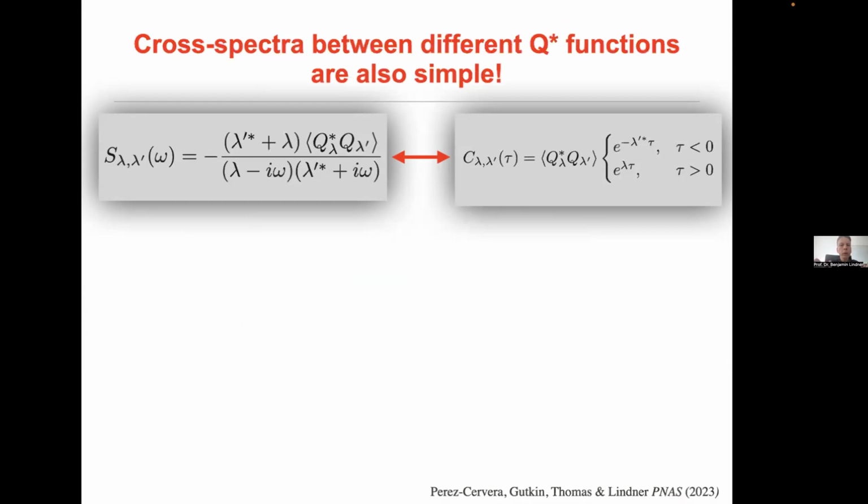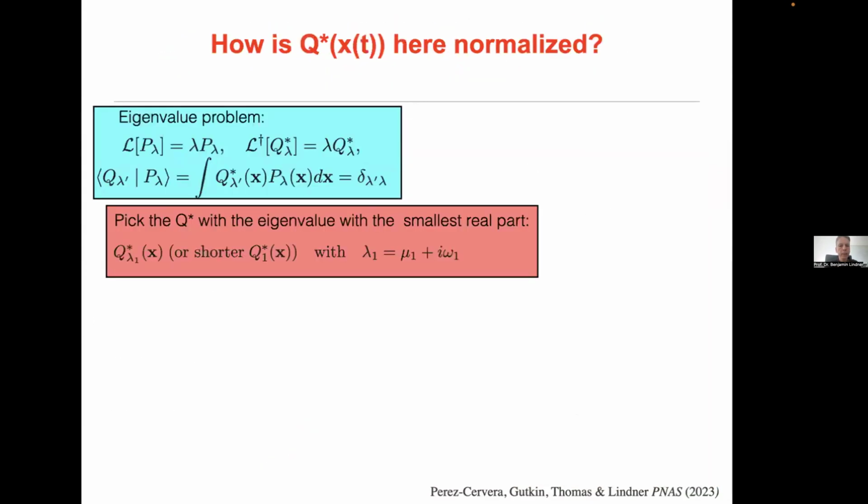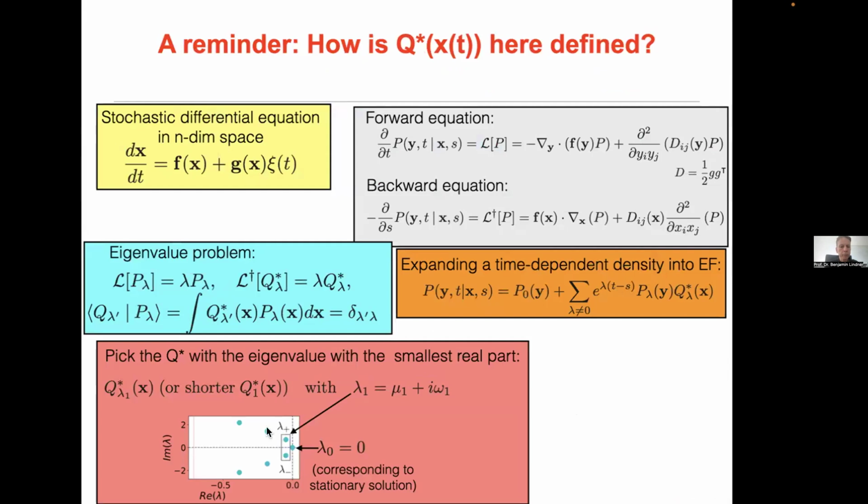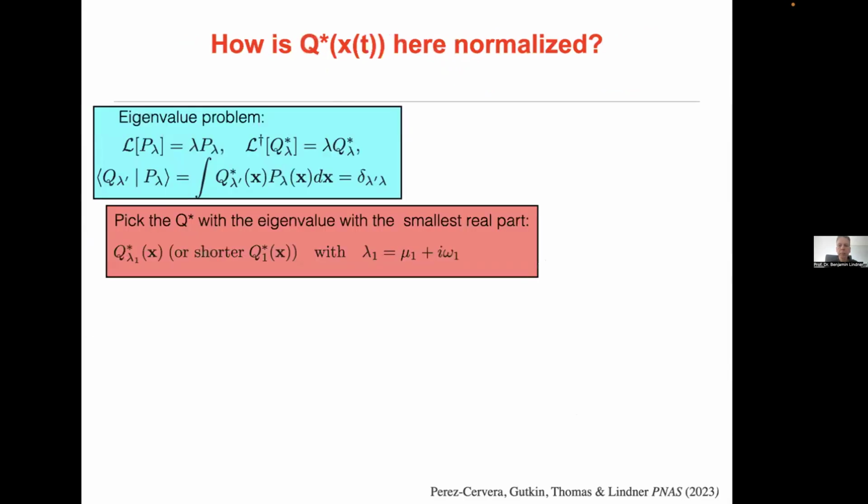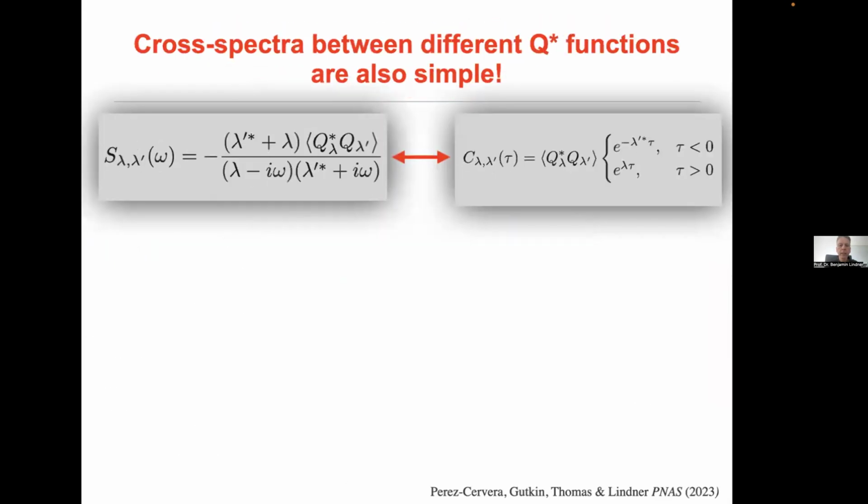So what you can also do is calculate the cross spectrum between different Q functions. We don't have only one Q function, but we have several of them belonging to all the eigenvalues. If you look at this spectrum, you have here q lambda 1, but here you have another pair of eigenvalues, and you could now calculate the cross spectrum between the eigenfunctions that belong to the different eigenvalues.